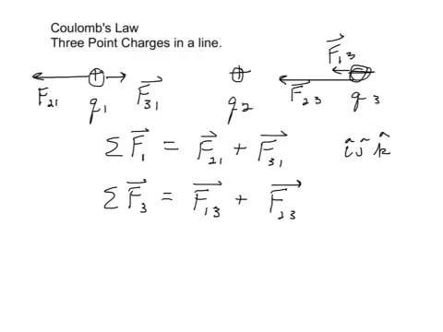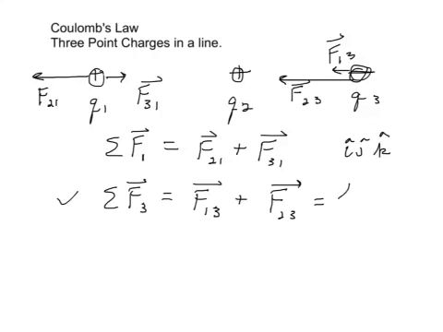And I put the little vector sign over it. So you see, as a diagram showing the forces on Q3, we have those two forces. Down here, we have the equation that describes it. And if we were to write this out, what would it be? I don't want to write the whole thing out, but I'll start to write it out.